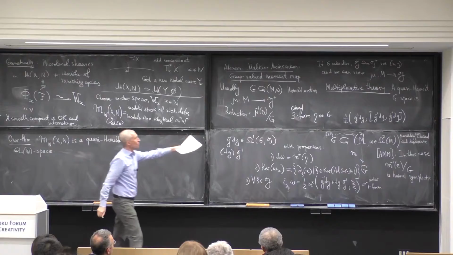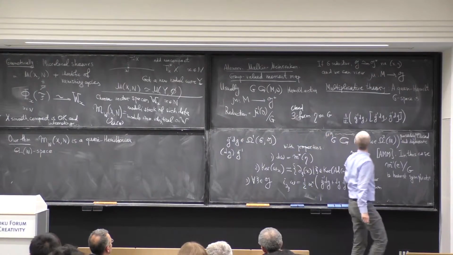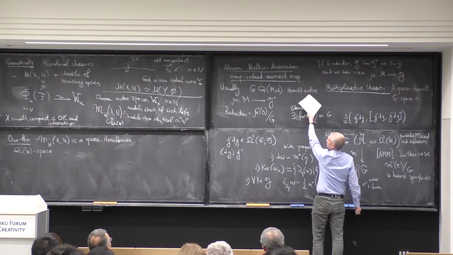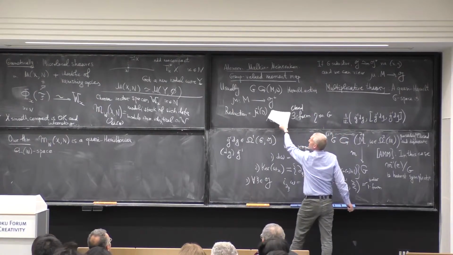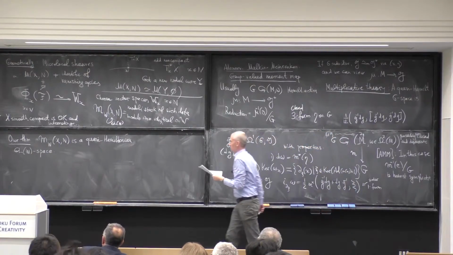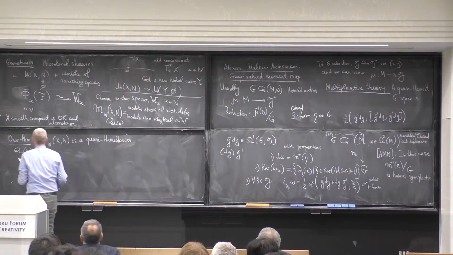In this definition, the moment map is part of the structure. When we say it is a Hamiltonian action, it means that we can choose Hamiltonians, which are part of the data. Similarly here, it is a quasi-Hamiltonian G-space.